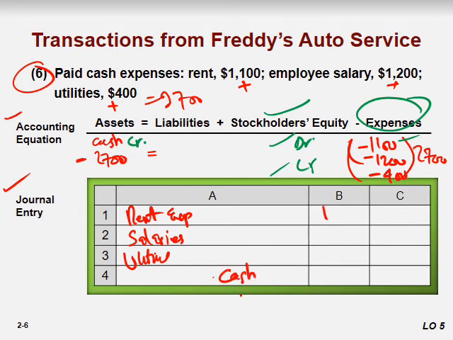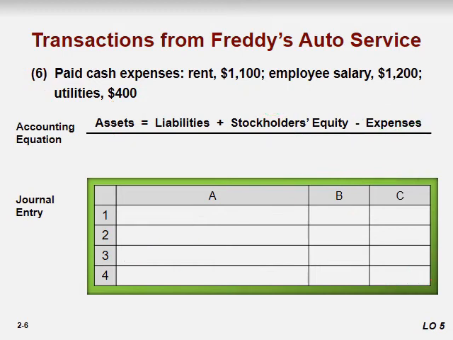Here it is. Rent is 1100, salaries are 1200, utilities are 400, totals 2700. And you will see that this accounting journal entry is balanced as well. Here it is.